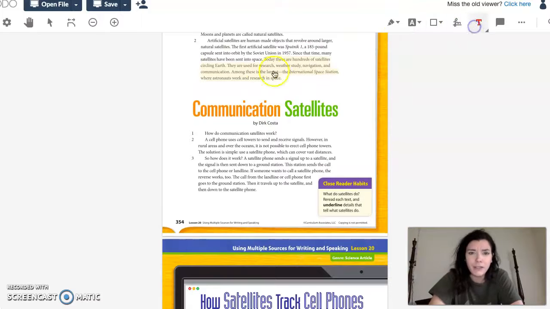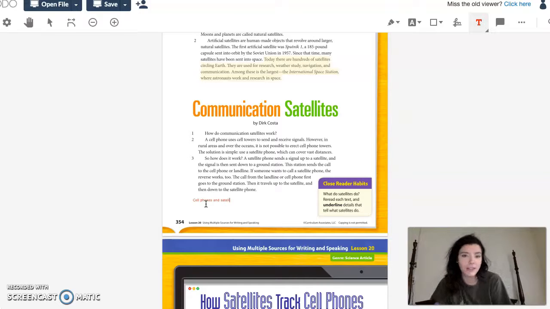Okay, so I'm going to make an annotation in my side here because this one is talking all about cell phones and satellites. I'm writing this to help me remember what each passage was about. And remember, when we're doing annotations, it can be anything that helps you to connect with the text.